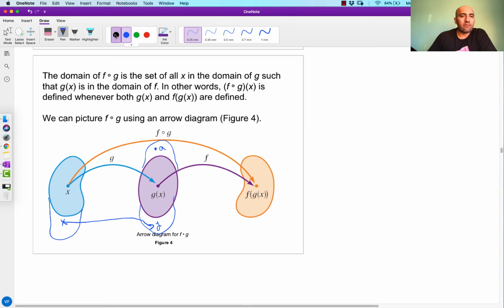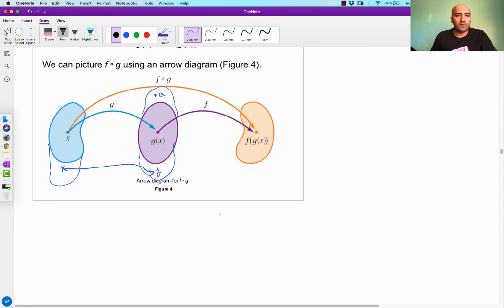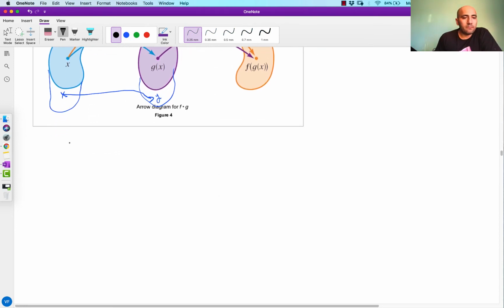Let me write down that example. So for example, let's just assume that letters represent cities. So let's say that G was Delta, and let's say that F was United.